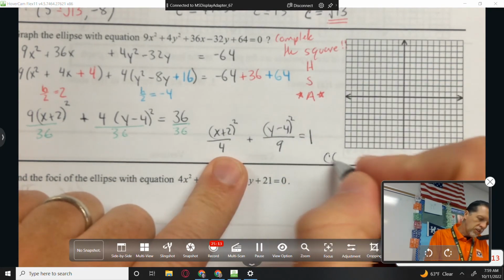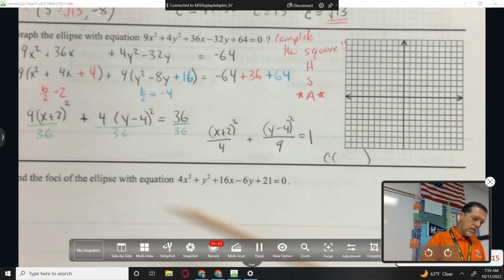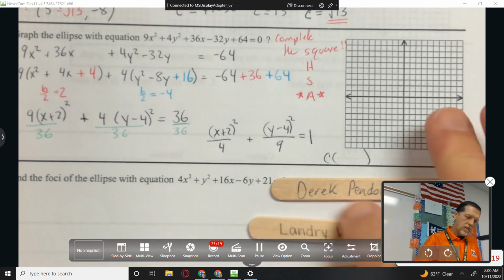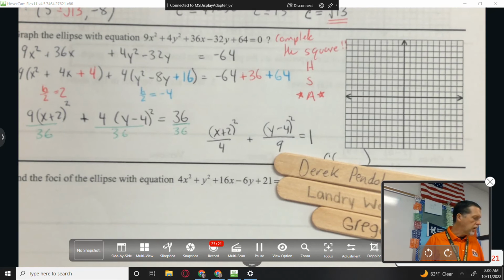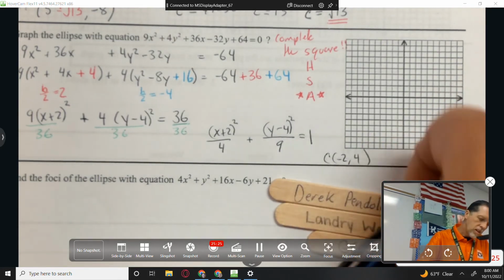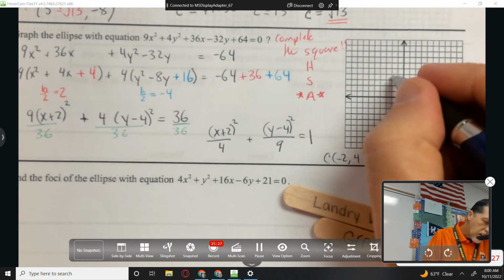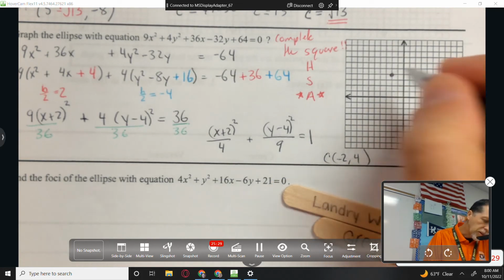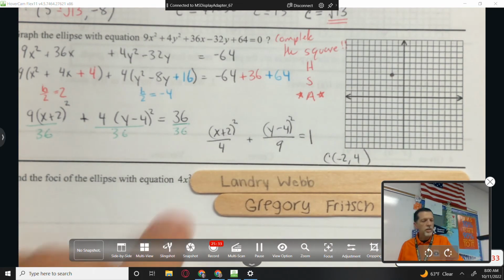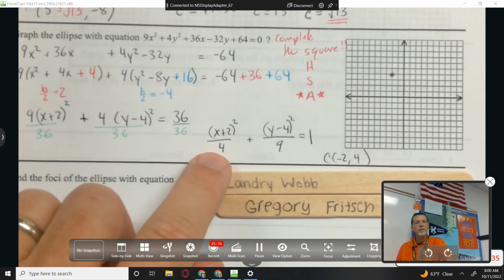So center at, Derek, what's the center of this ellipse? Negative 2, 4. Go up to negative 2, 4. Landry, what do we do with the 4 in that denominator right there?